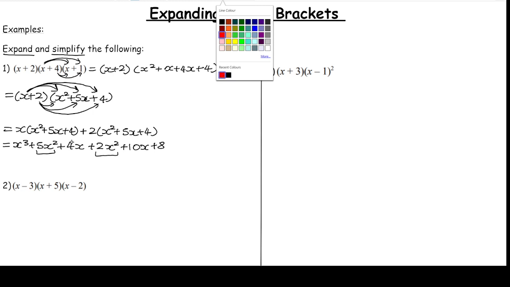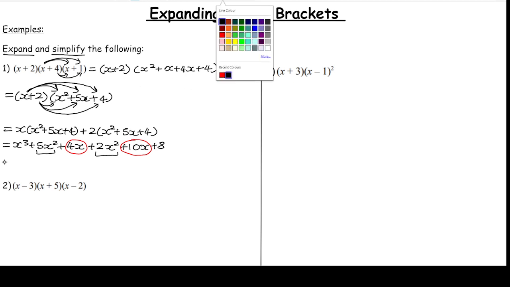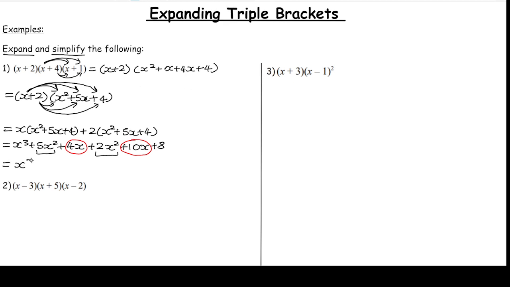And we also have 4x and 10x. Combining these pairs of like terms simplifies everything to x cubed plus 7x squared plus 14x plus 8. Here we have a cubic expression, or better known as a polynomial, since we've got multiple terms.